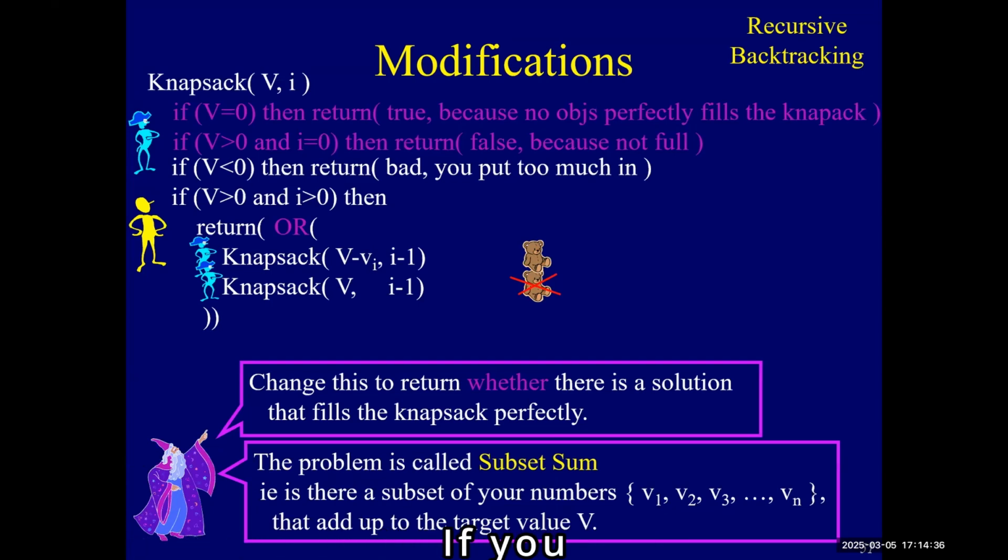If your knapsack still has volume and you've run out of objects, then you don't have a solution, because we want to fill the knapsack up perfectly. And that's all I had to say about knapsack. Did that help?